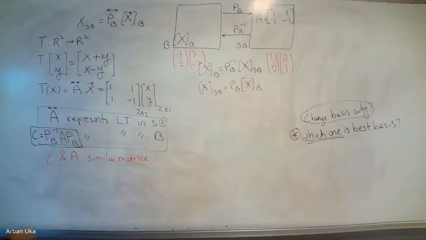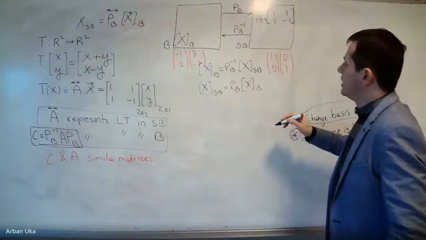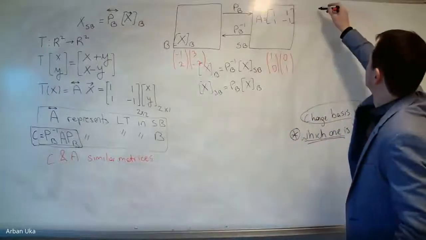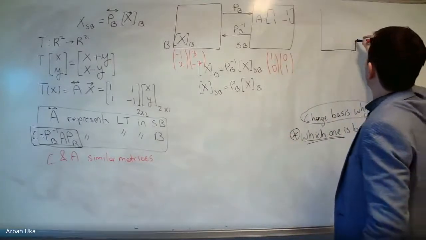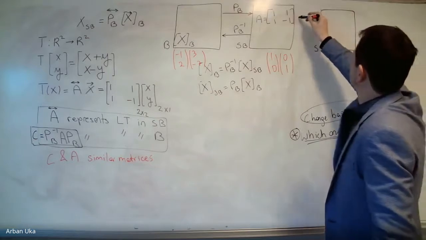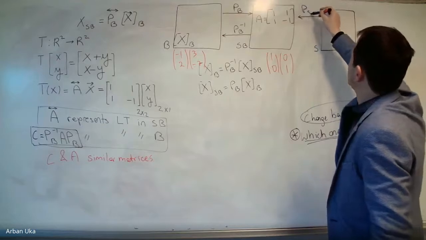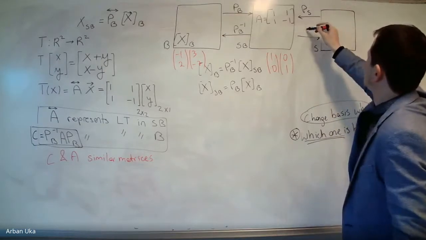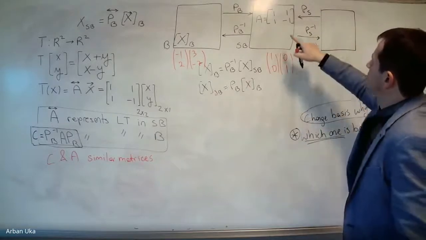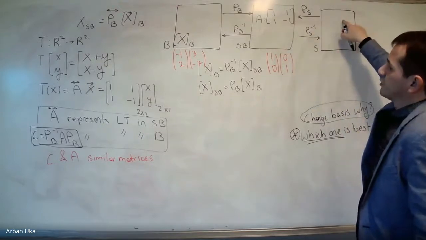Now, imagine for a moment that we have another basis S. We always go to the standard basis with PS, we come backwards with PS inverse, and then how can this matrix A be projected onto here?